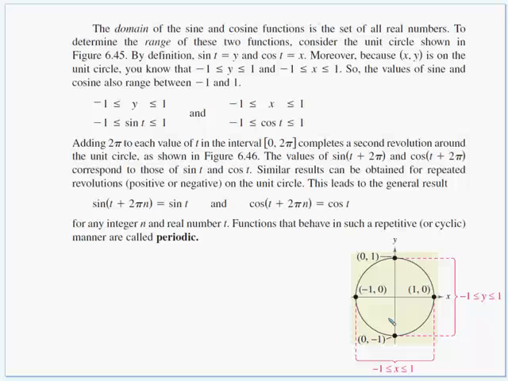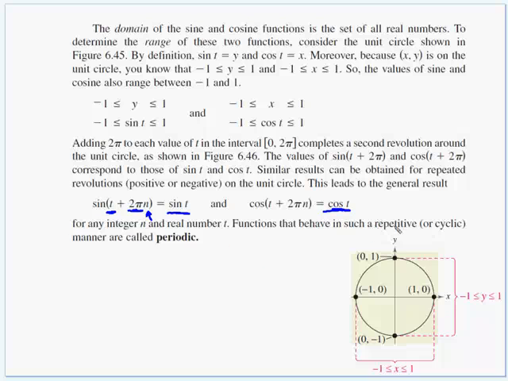And that just gives us this general result. We can take the sine of some value t and add 2 pi times some integer n, like 2 pi times 3 or 2 pi times 7, 2 pi times 10, and it's always going to be equal to sine of t.